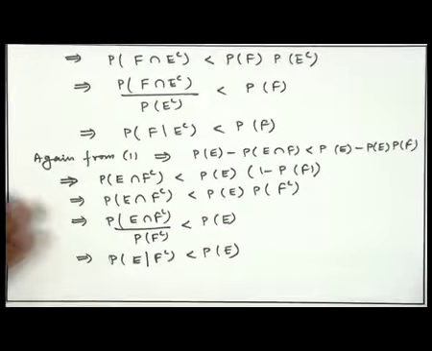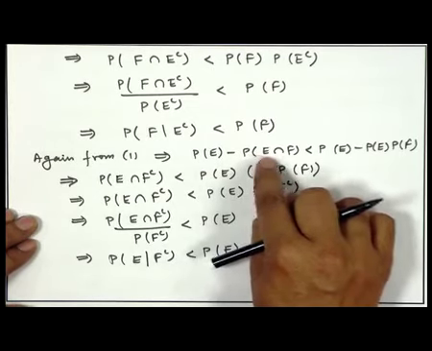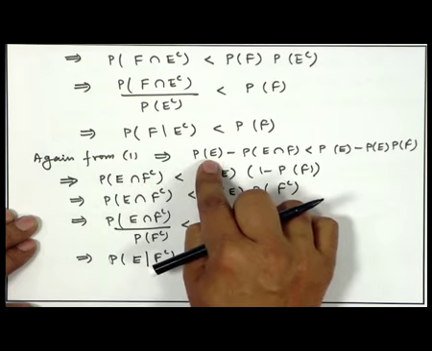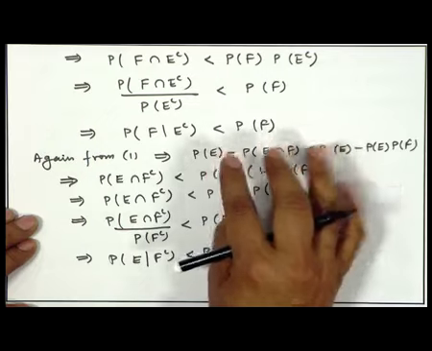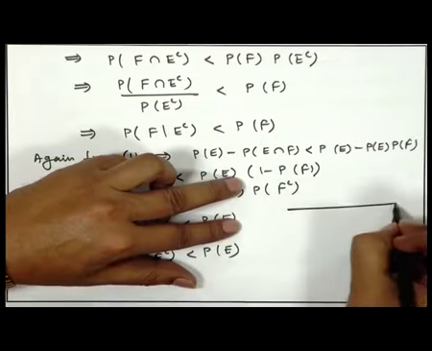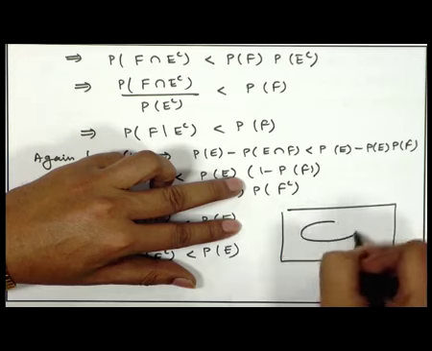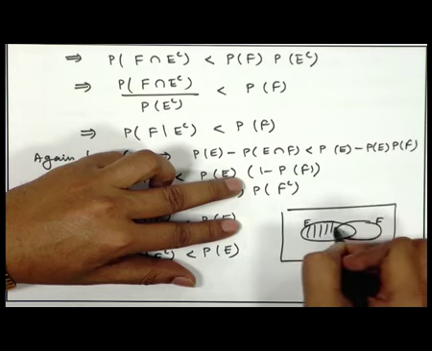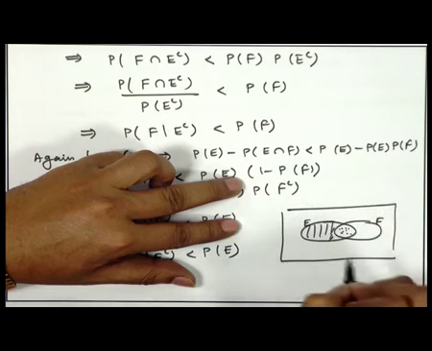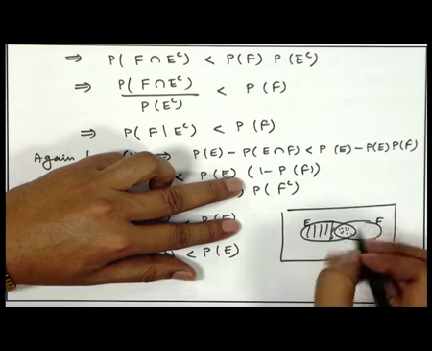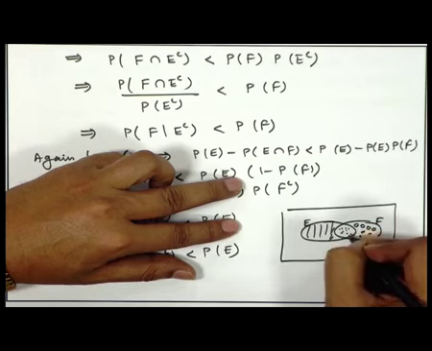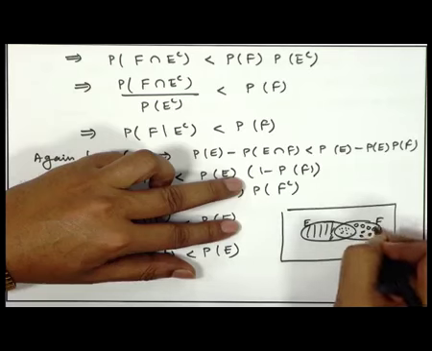Similarly, in this I have used probability of E intersection F plus probability of E intersection F complement is equal to probability of E. So, this is the addition rule. If you make the diagram like this, I have 2 sets E and F here, then E intersection F complement will be this and E intersection F will be this. So, the union of this is E. Similarly, if I consider F intersection E complement, then that is this portion, F intersection is this. So, if I take the union of the two, I will get F.